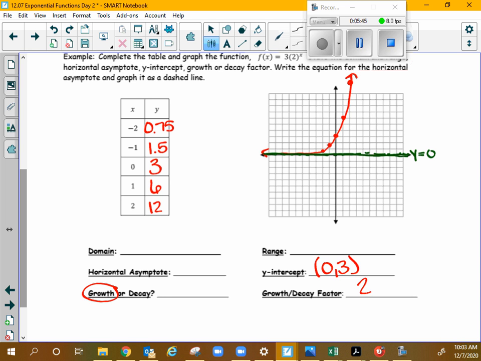So now that line that I just drew on my graph that your curve is approaching but never reaching is called the horizontal asymptote. My horizontal asymptote is always an equation of a horizontal line, so it's always y equals, and it's that line that your curve is approaching. So in this scenario, my horizontal asymptote is y equals 0 because my curve is approaching 0 but will never actually reach it.